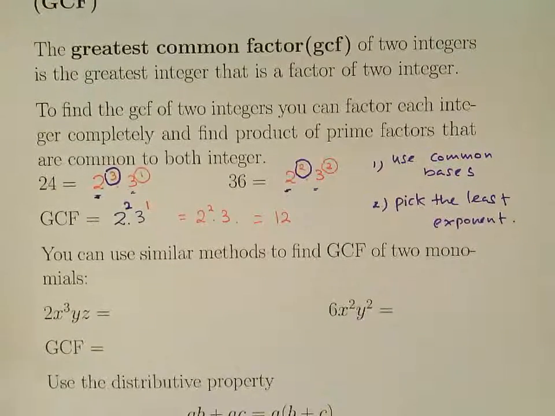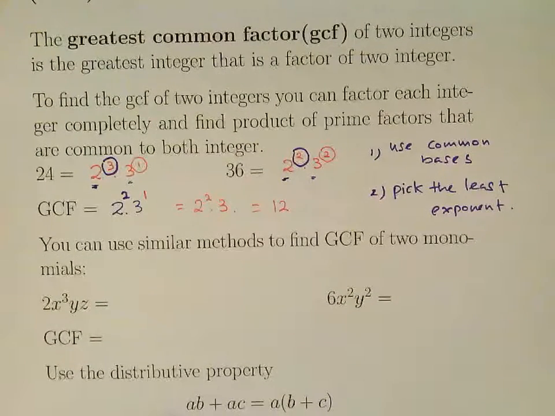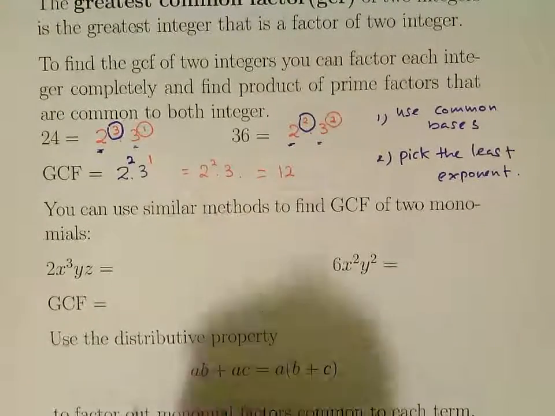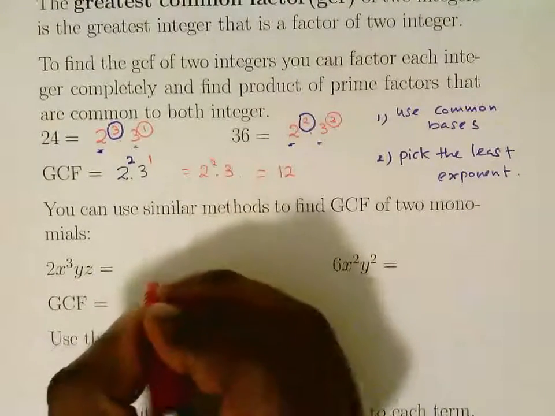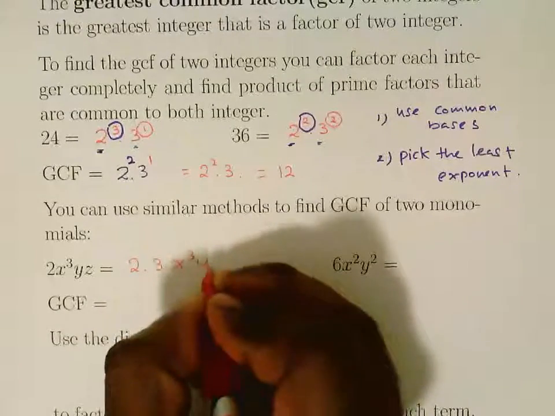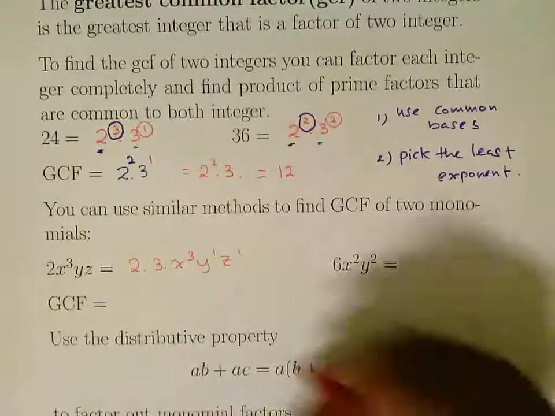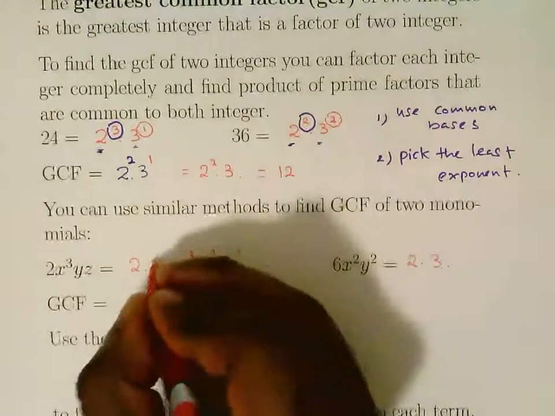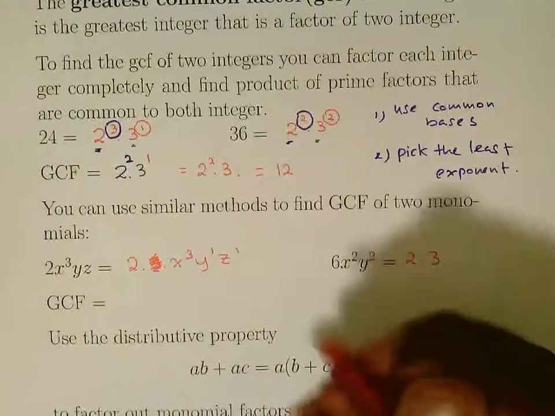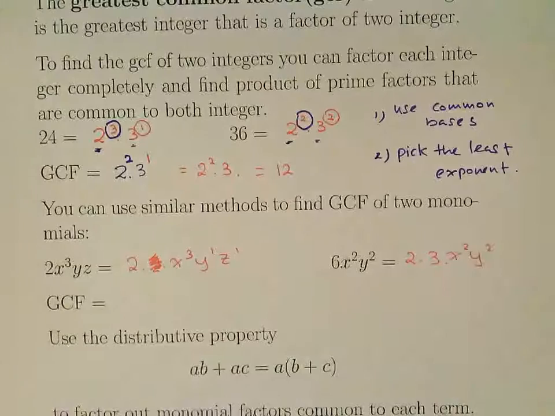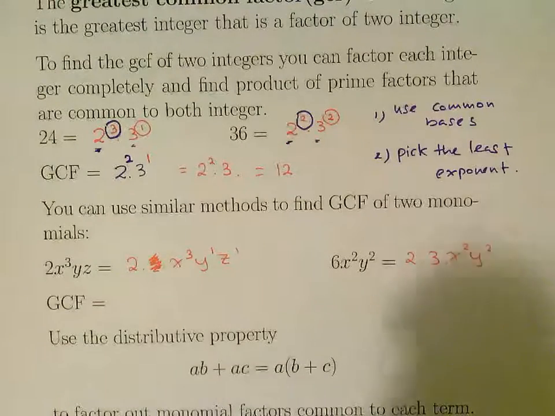Very similarly, you can find the greatest common factor of two monomials. Let's find the prime factors. Here you have 2 times 3 times x cubed y z. Here you have 2 times x squared times y squared. Now write the common bases.